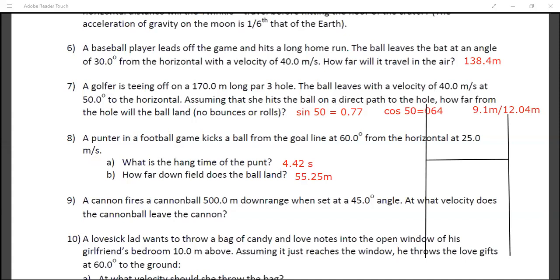Yeah, Shaunak, Tanmay, correct. Tanmay, you want to explain? Yes, sir. I took the range formula U square sine 2 theta by g. The range is given as 500, and sine 2 theta will be sine 90, which is 1.